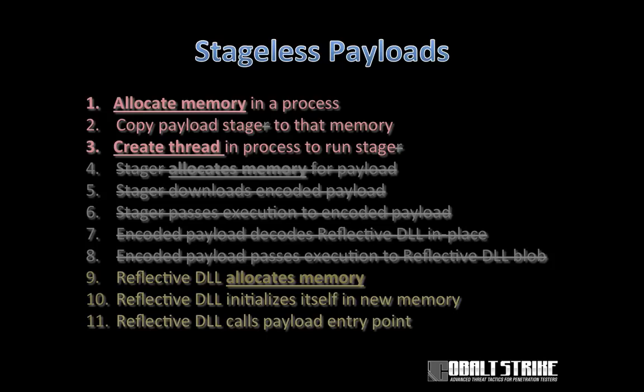So how you get there is going to be the deciding factor most likely. Steps 9 through 10 is the payload stage allocating memory for itself, initializing itself in that new memory, and passing execution to itself. That's it. That's a stageless payload.